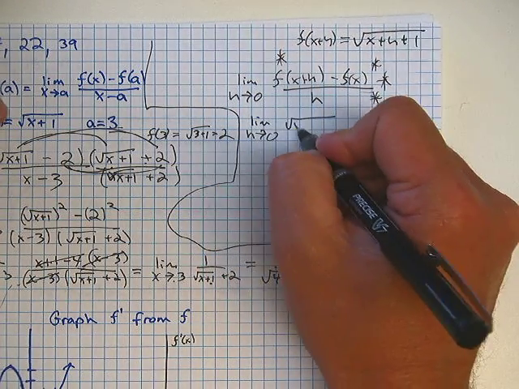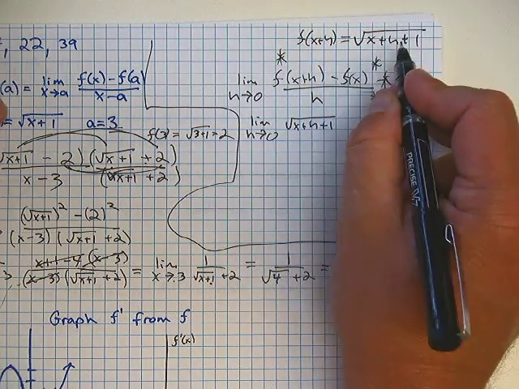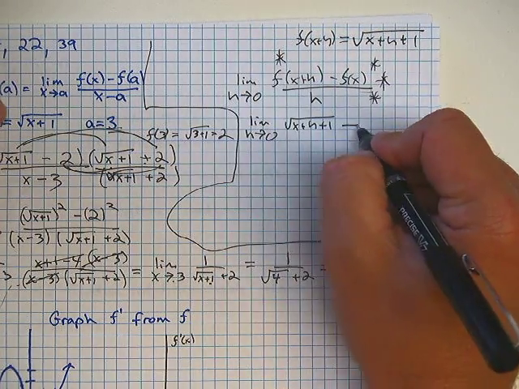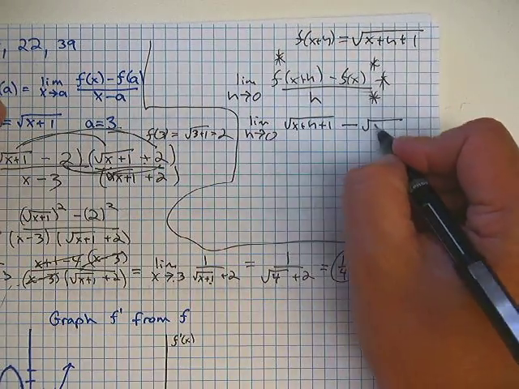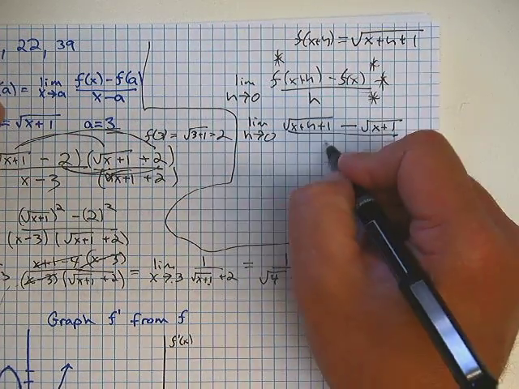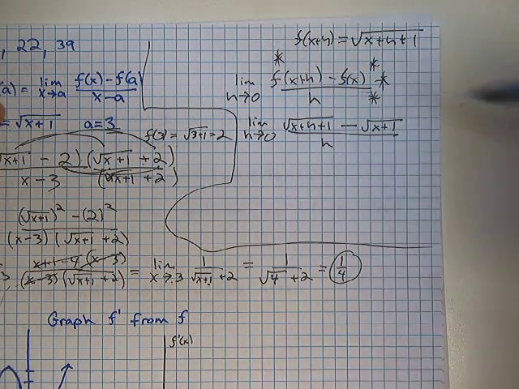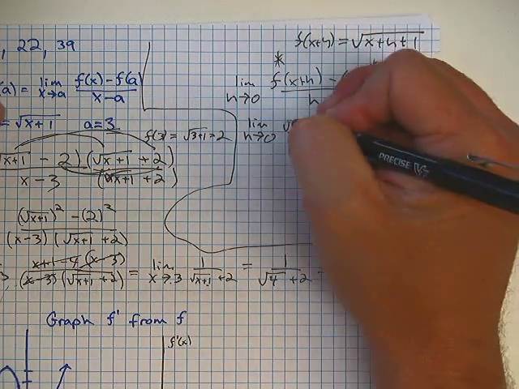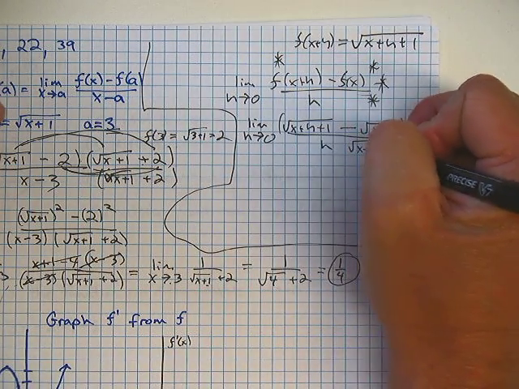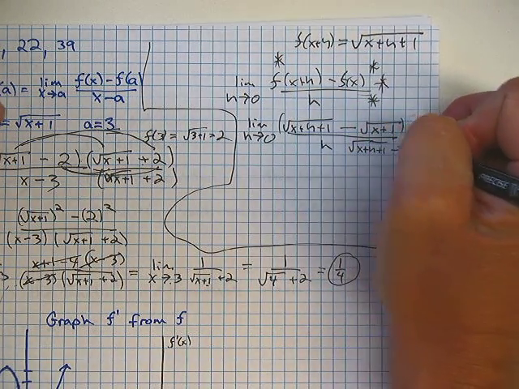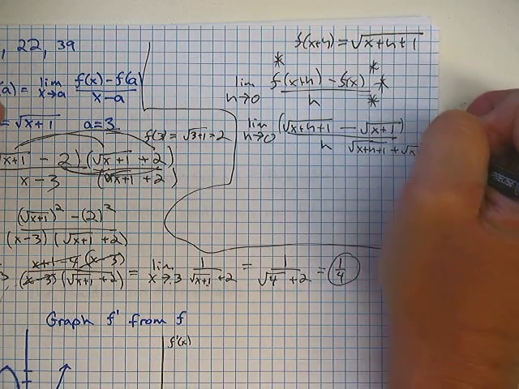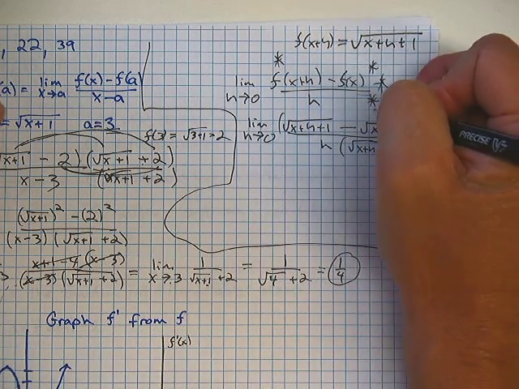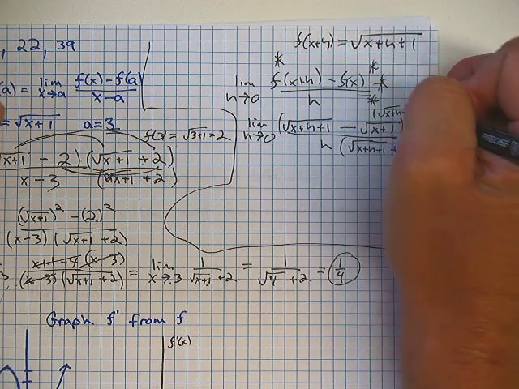So this is going to be the limit as h approaches 0 of square root of x plus h plus 1, because that's f of x plus h, minus f of x, which is square root of x plus 1, divided by h. We're going to multiply by the conjugate, which is square root of x plus h plus 1 plus square root of x plus 1.